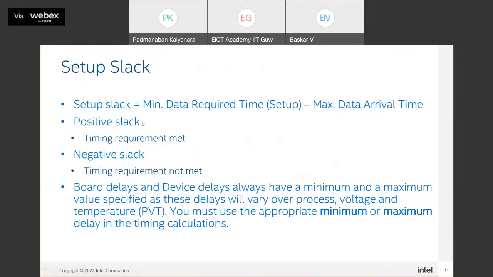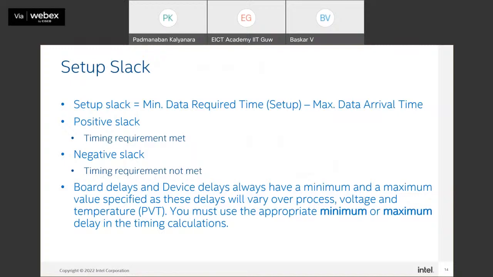Setup slack is equal to data required time minus data arrival time. Simply, setup slack is equal to RT minus AT, where RT is required time and AT is arrival time. If required time minus arrival time is a positive number, a positive slack, then we can say that the timing requirement is met.